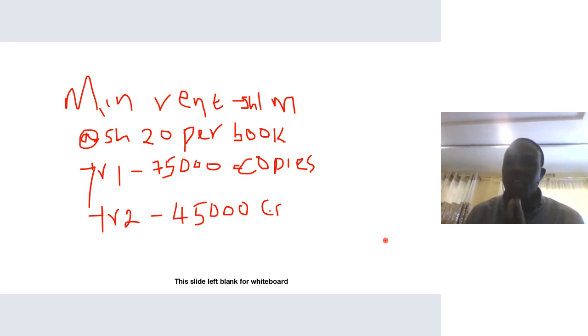So to determine the amount of royalty that is paid per year, we will take the number of copies of books sold in that given year times the royalty payment per book. So we can solve that.